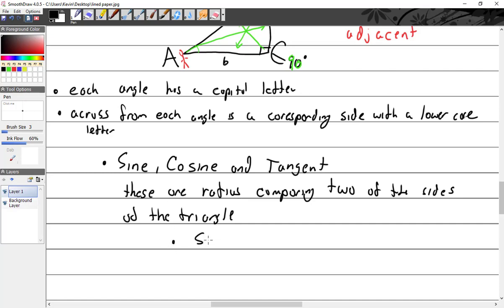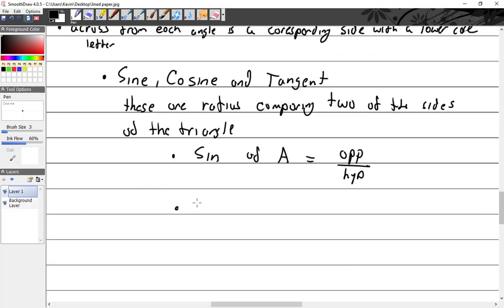So sine of angle A equals opposite divided by hypotenuse. Cosine, I'm just going to abbreviate COS, of A would equal adjacent over hypotenuse.